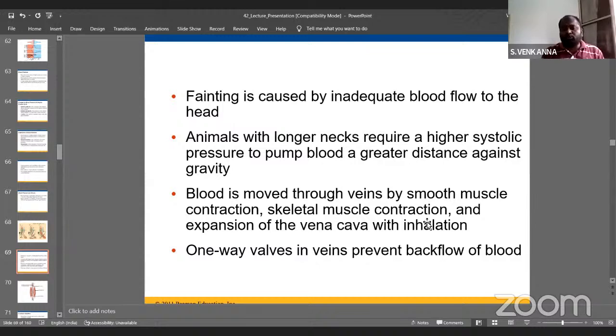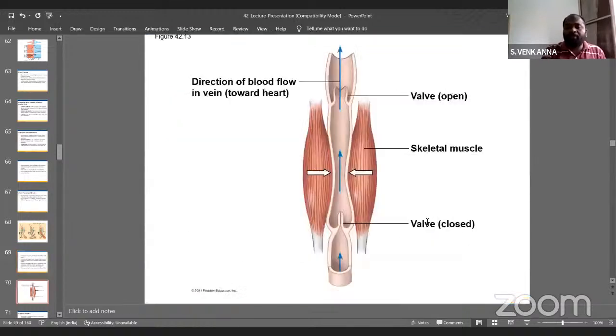The blood is moved through veins by smooth muscle contraction, skeletal muscle contractions, and expansion of the vena cava with inhalation. One-way valves in veins prevent backflow of blood.